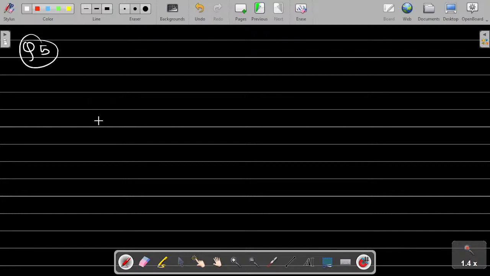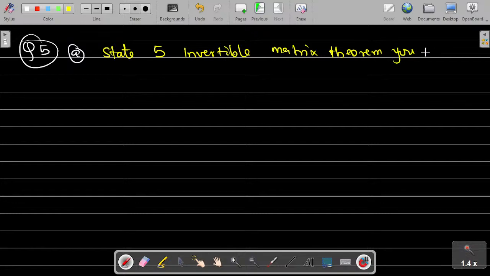For question 5, they started with the first question, which is A, and they said state 5 invertible matrix theorems.